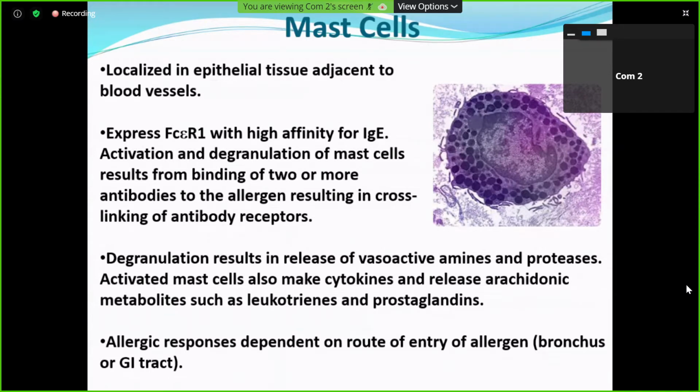Classically, the Th2 response is directed against large microbes, namely parasites, parasitic worms, helminths, amoeba, that you usually take into your body by ingestion through contaminated water, contaminated food, or whatever.